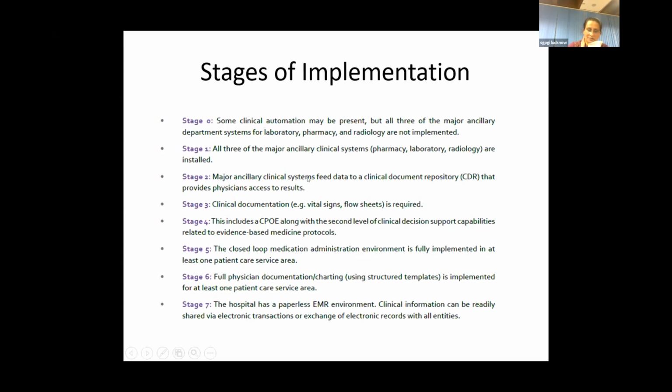When we could also access their reports, it would be stage 2. When we can document all the vital flow charts, it would be stage 3. When CPOE is incorporated, it is stage 4. And if we could administer medication using this system, it would be stage 5.